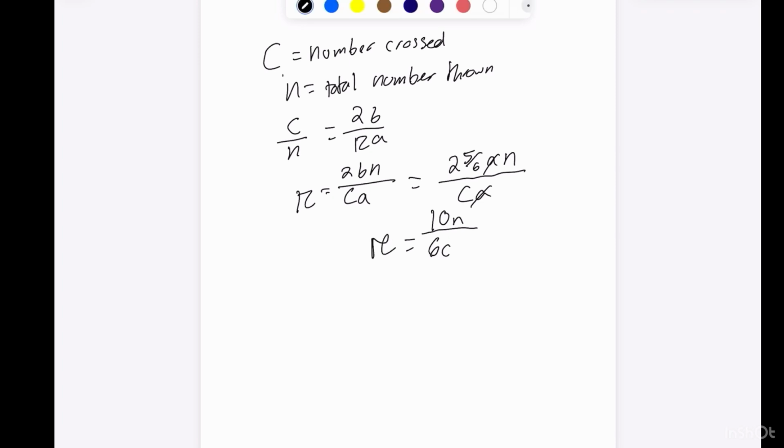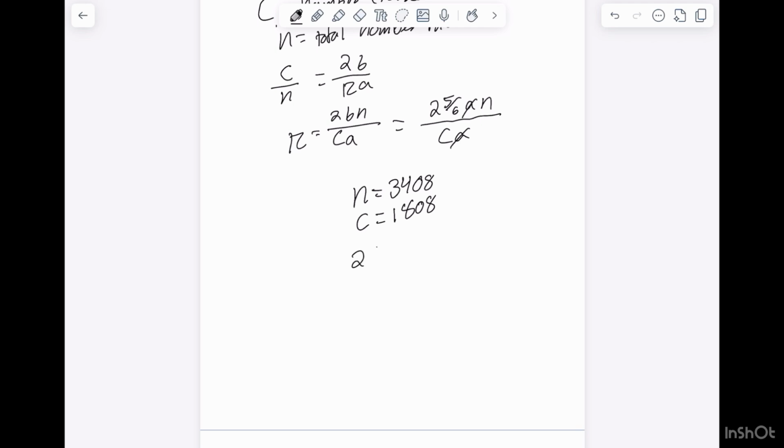We're going to evaluate pi using probability. So Mario did the experiment 3,408 times, and 1,808 crossed. So we're going to plug in those numbers for our formula here.